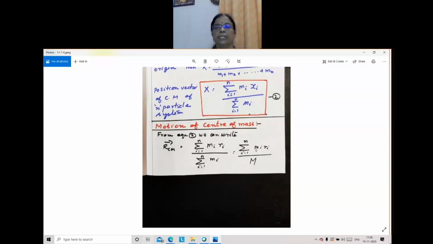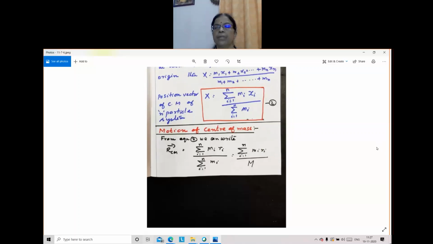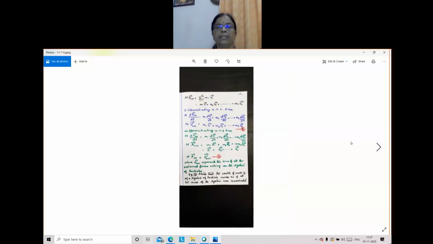So this is equal to sigma i equal to 1 to n m_i r_i by the total mass, capital M. Then you have to cross multiply: M into R cm equal to sigma i equal to 1 to n m_i r_i. The relations and all you have to write and study. Okay, now we got the position vector.